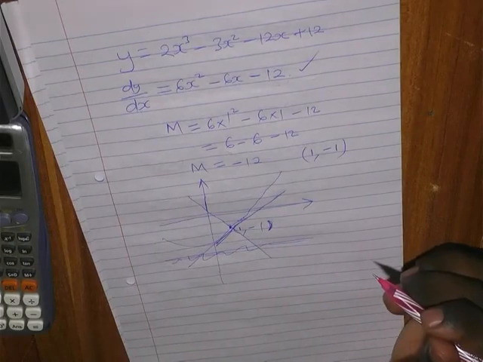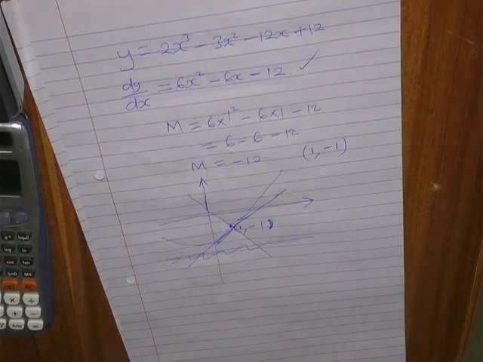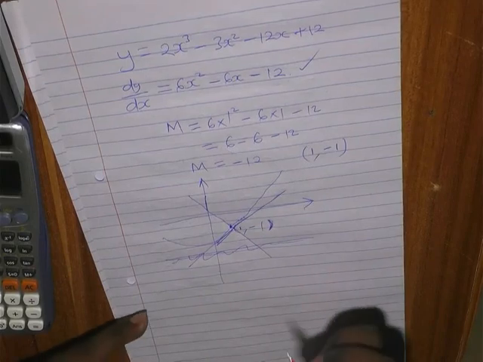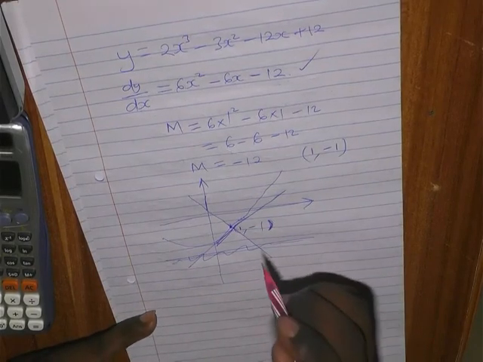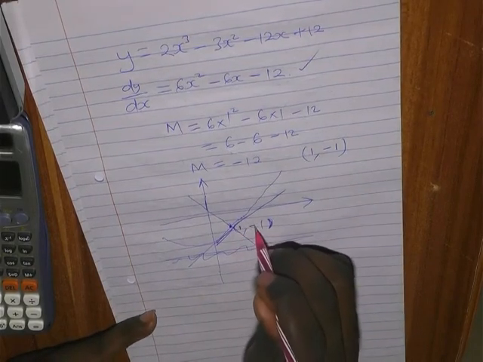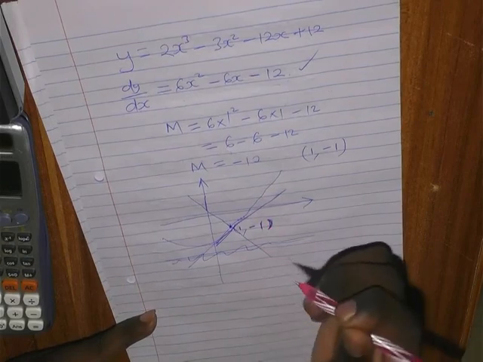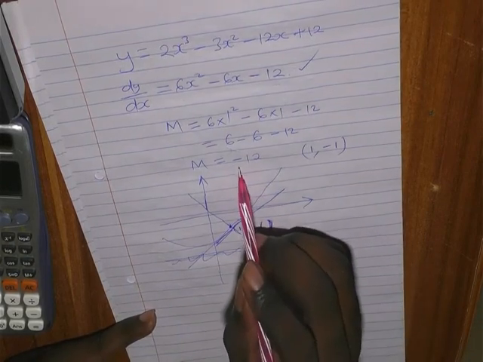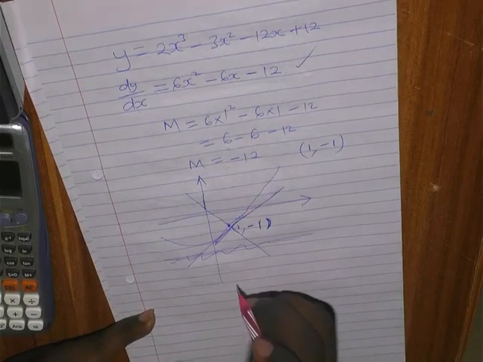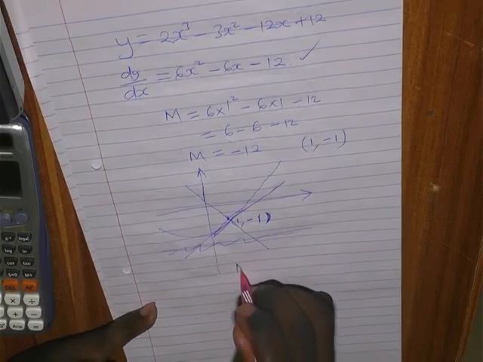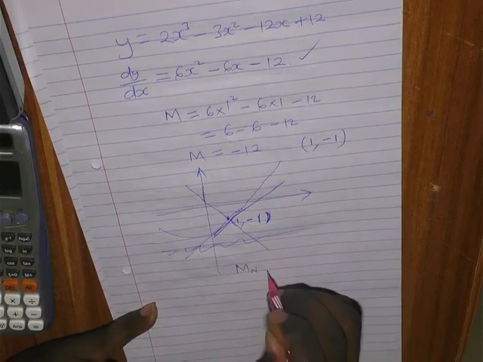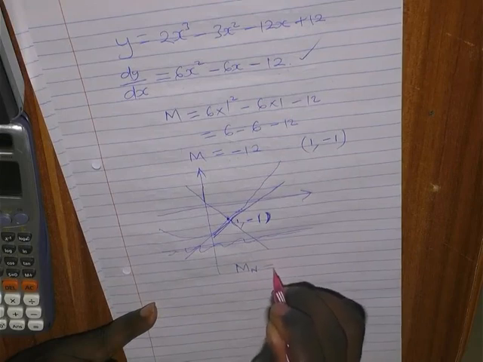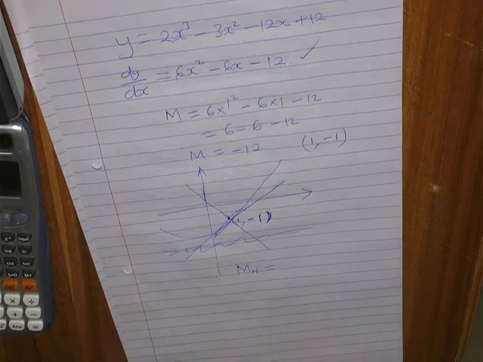I know it's kind of confusing if you have not gone through this topic, but anyway, we have 1, negative 1, and our gradient, which was negative 12. So the gradient of the normal, which we write as m subscript n, is usually the reciprocal multiplied by negative 1.